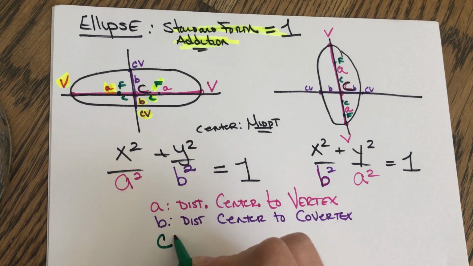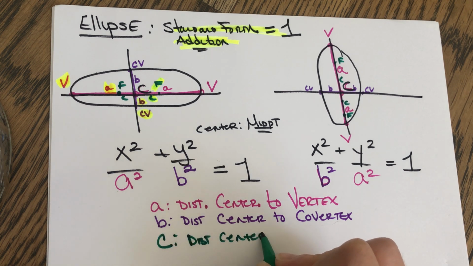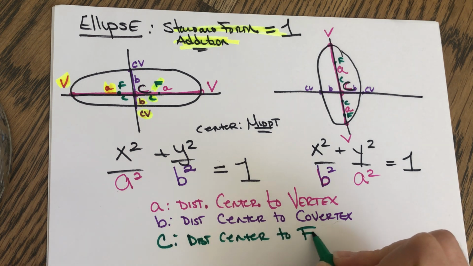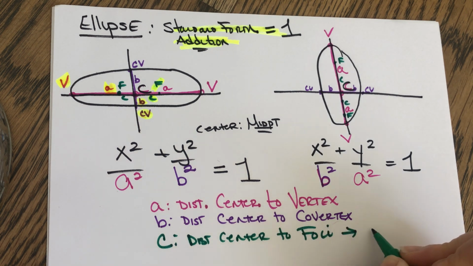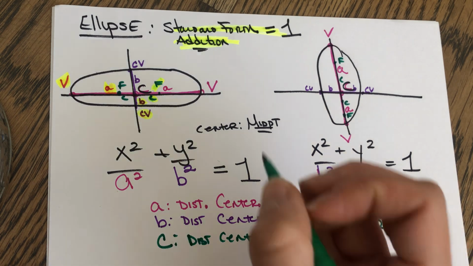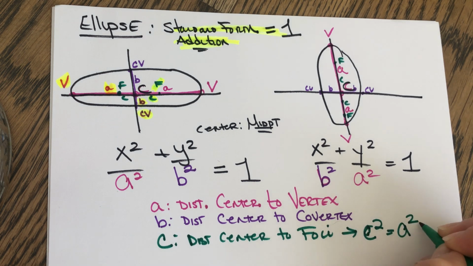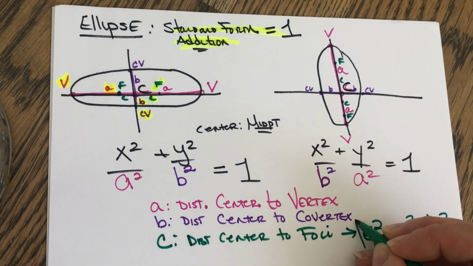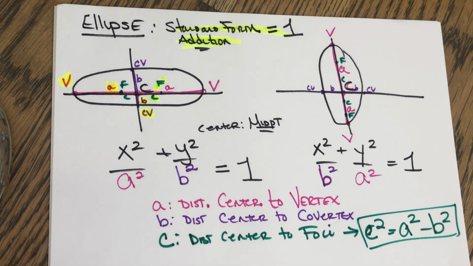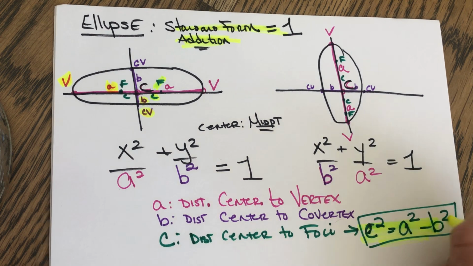And then your C, we could say distance from center to foci, but remember your formula is C squared equals, now try to remember this, it's always the opposite. Since it's a plus, this one is A squared minus B squared. People tend to mess it up because you have both a plus and a minus one. Try to remember that your focus is your opposite.